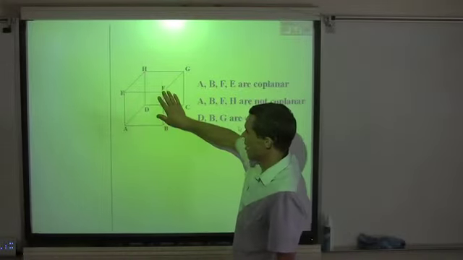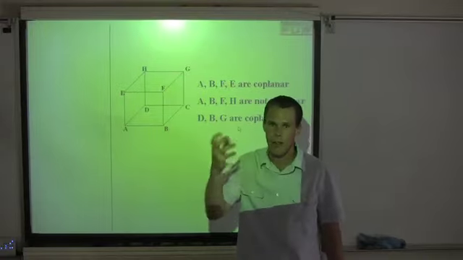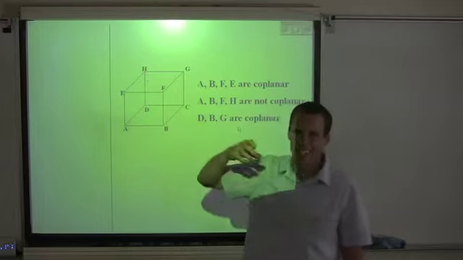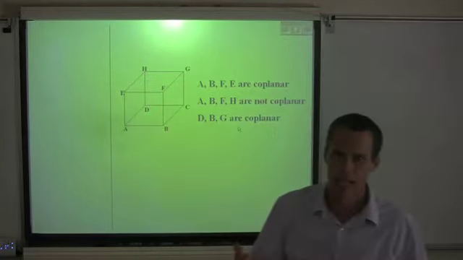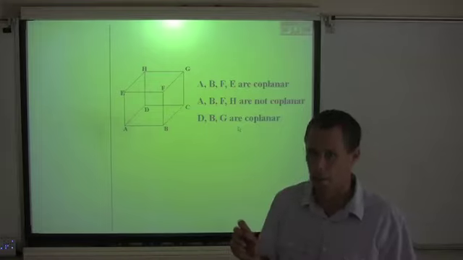Well, A, B, and F, those 3 alone form a triangle and they make the front of the box. Well, you throw H on there and now we're not coplanar. That's a 3-dimensional shape. Those 4 points are not coplanar.